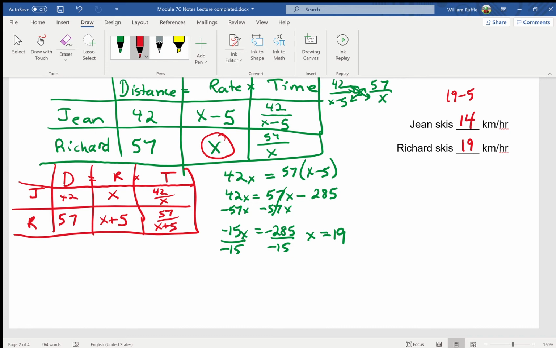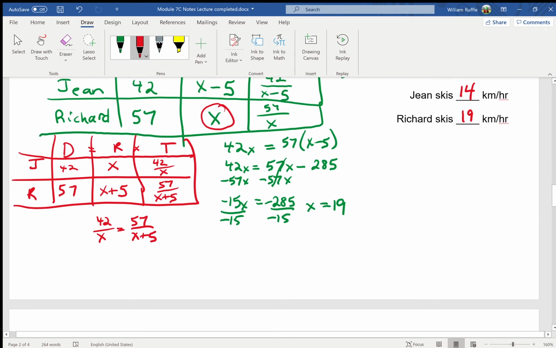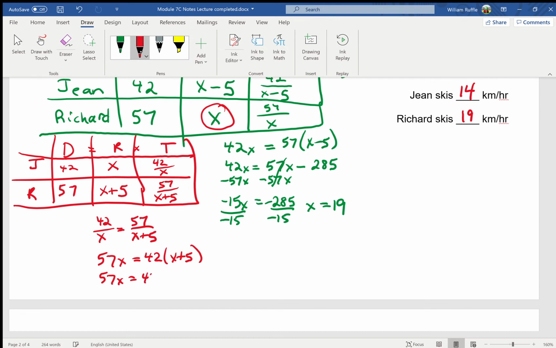So 42 over x equals 57 over x plus 5, and then I'm just going to cross multiply again. 57x equals 42 times x plus 5. 57x equals 42x plus 210. So I subtract 210, nope, sorry. Oops. Don't want to subtract 210 over, do I? I want to subtract the 42x over.